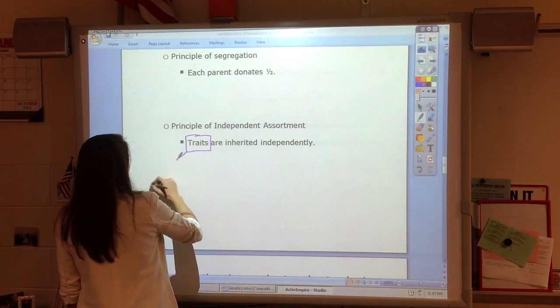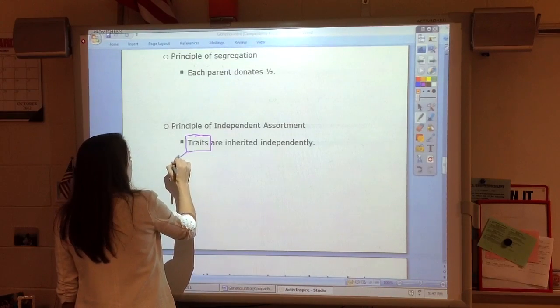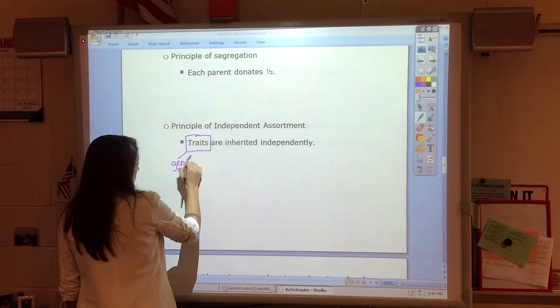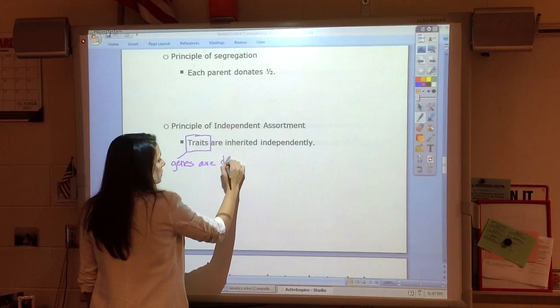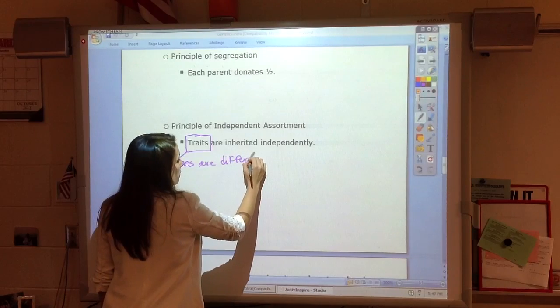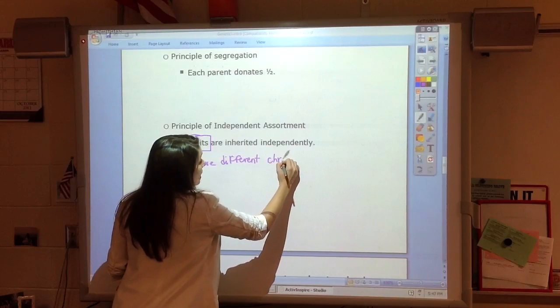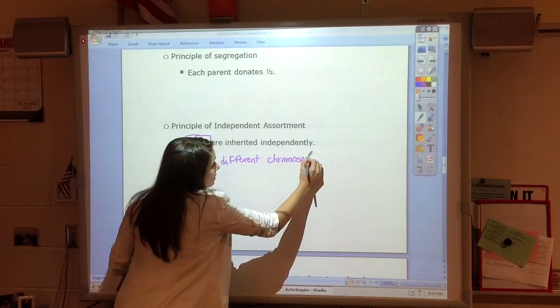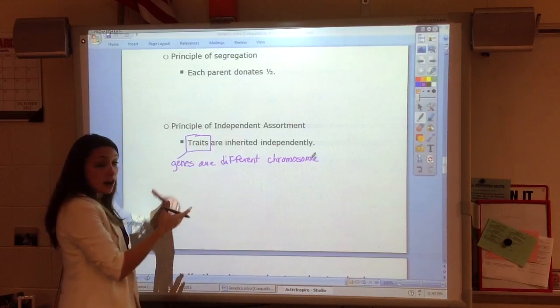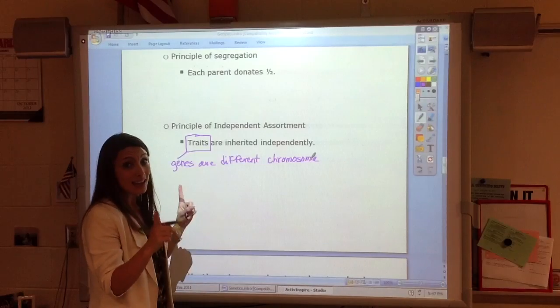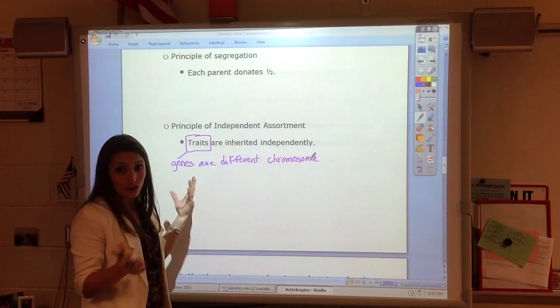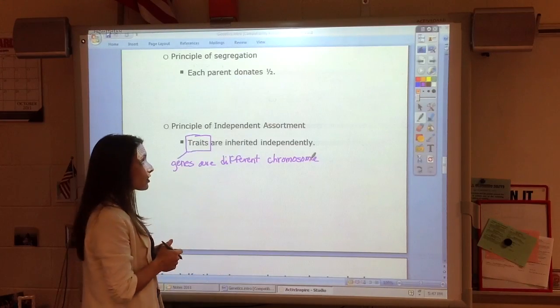And so we understand this because different genes that code for traits are on different chromosomes. So that's why it makes sense from a molecular base. The fact that not all of your genes are on one big giant chromosome, that they're on different chromosomes, and that they actually cross over and remix with each other.